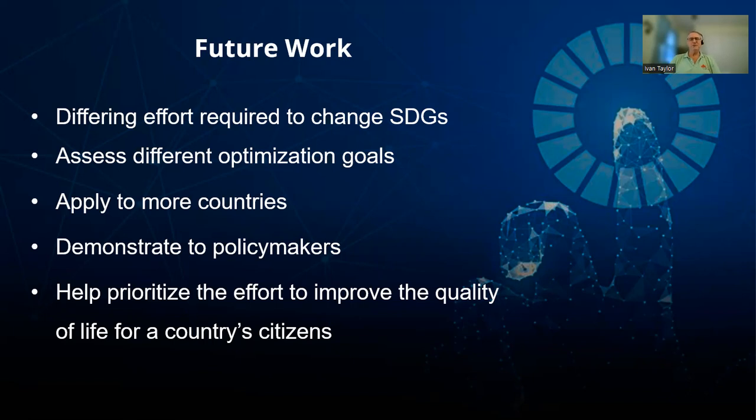We've shown this model to Ireland, and we've shown it to some Latin American countries, and we're going to show this to South Africa and Zimbabwe at their System Dynamics conference in November. And then we want to demonstrate this to policymakers to help prioritize the effort to improve the quality of life for a country's citizens.